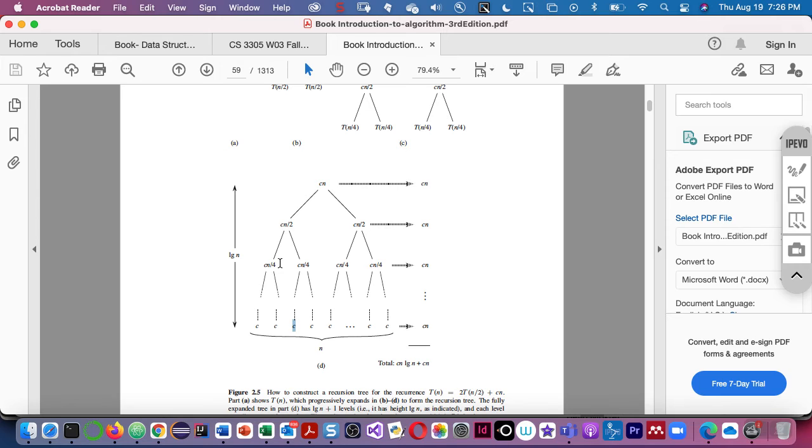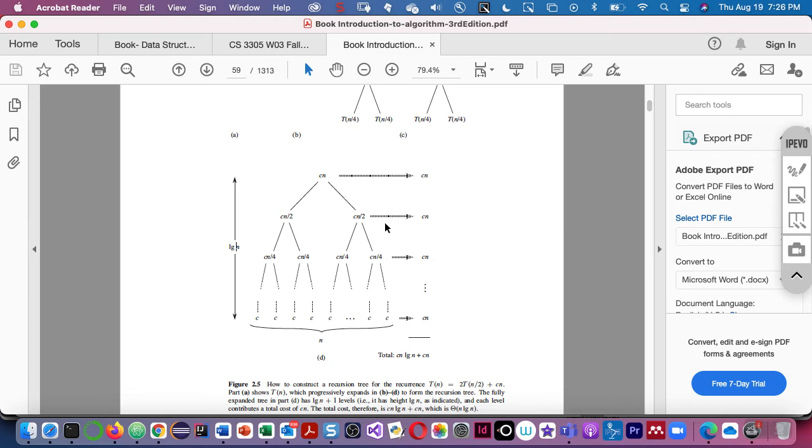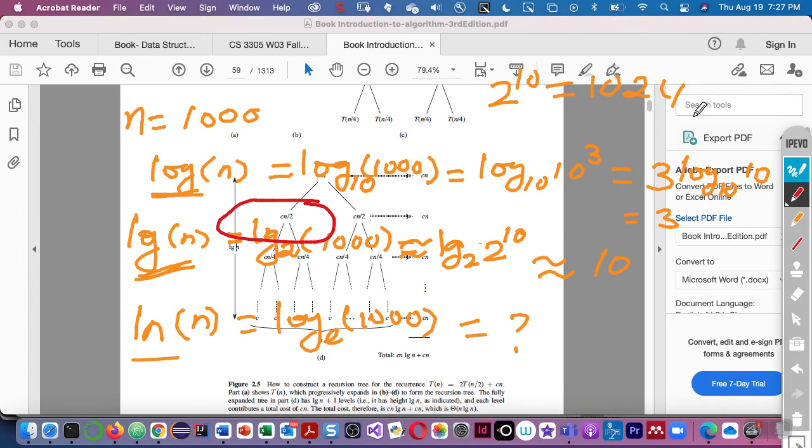How many times is it looping? Yes, log base 2 of n, right? Every time it is making 2. For instance, if n equals 1000, we may need only 10 splits, right? The height will be 10.